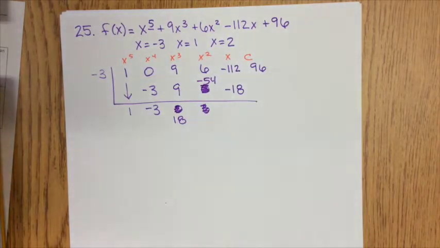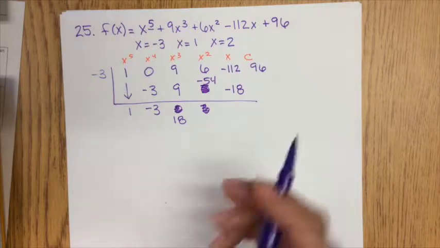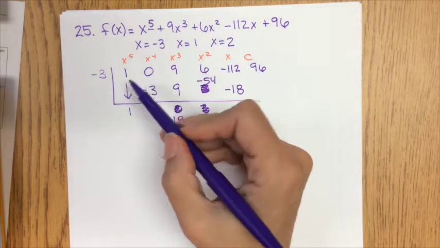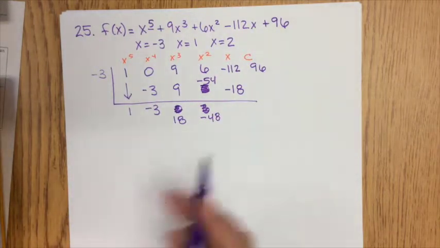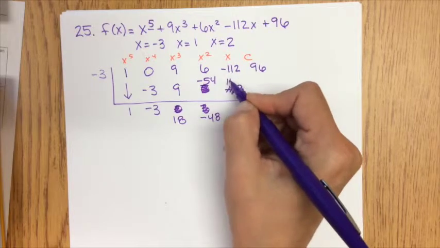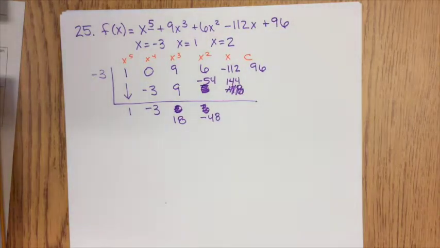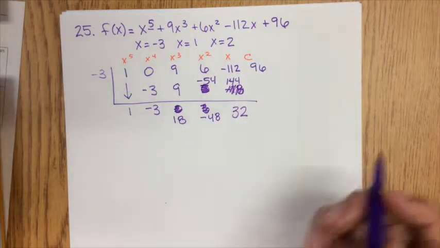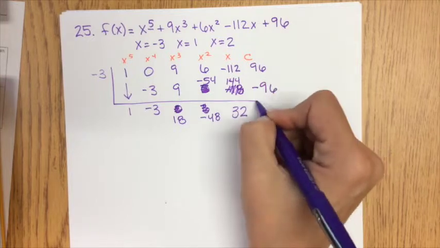Add down. 6 minus 54 gives me -48. -48 times -3 is 144. 144 minus 112 is 32. 32 times -3 is -96.